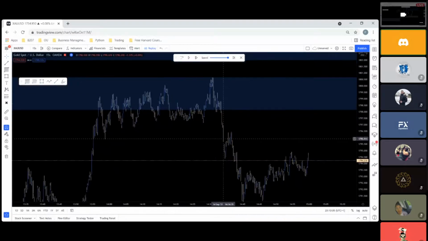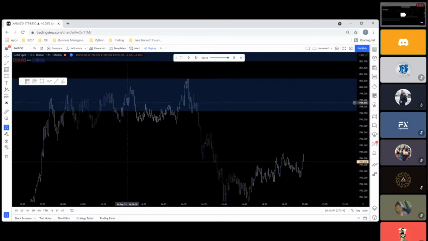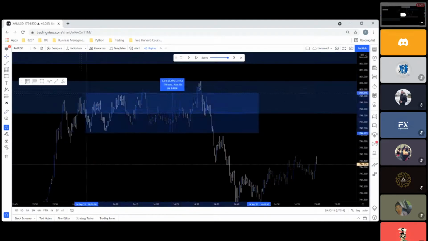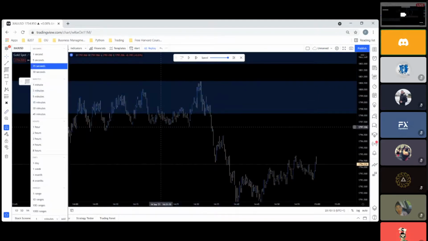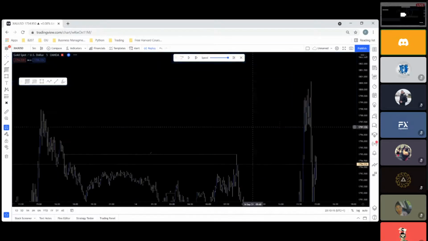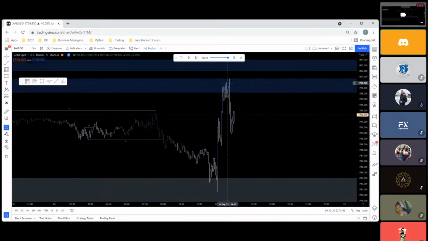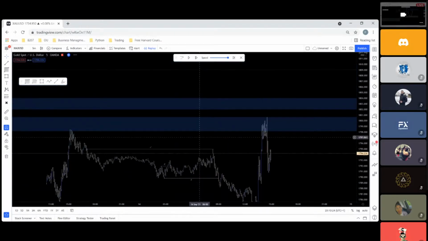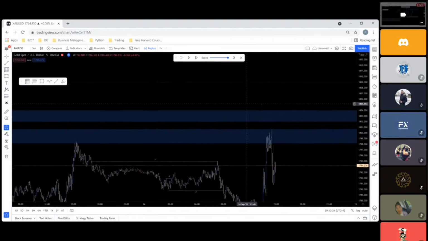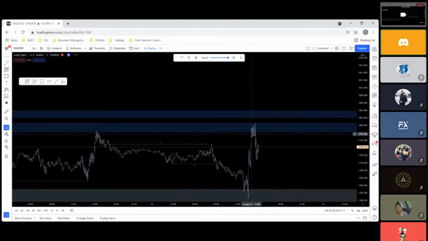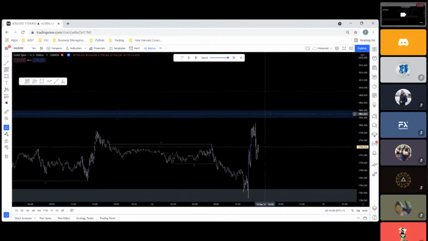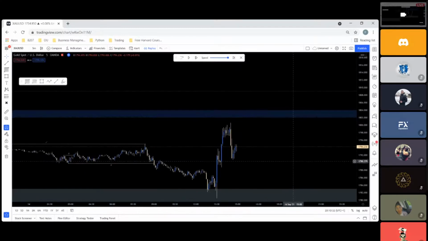And any move that did happen, I probably wouldn't have been confident enough to use this as a zone to sell, purely because of the way price is just flying into that zone, absolutely flying. I'd sit on my hands and just see what would happen. See if it comes into here.